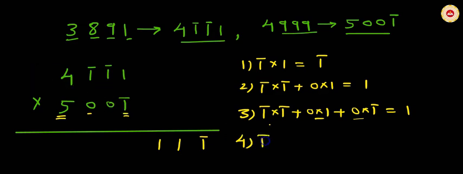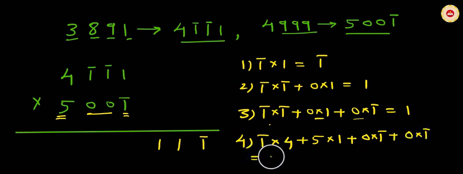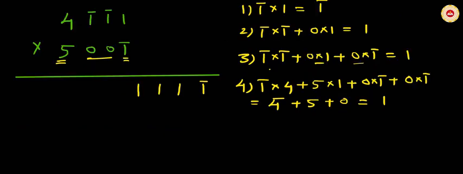So minus 1 multiplied by 4, plus 5 multiplied by 1, plus, now consider the inner two columns, multiplying the digits crosswise: 0 multiplied by minus 1 plus 0 multiplied by minus 1, which is equal to minus 4, plus 5, these two terms are 0, which is equal to negative 4 plus 5, that is positive 1. So write 1.